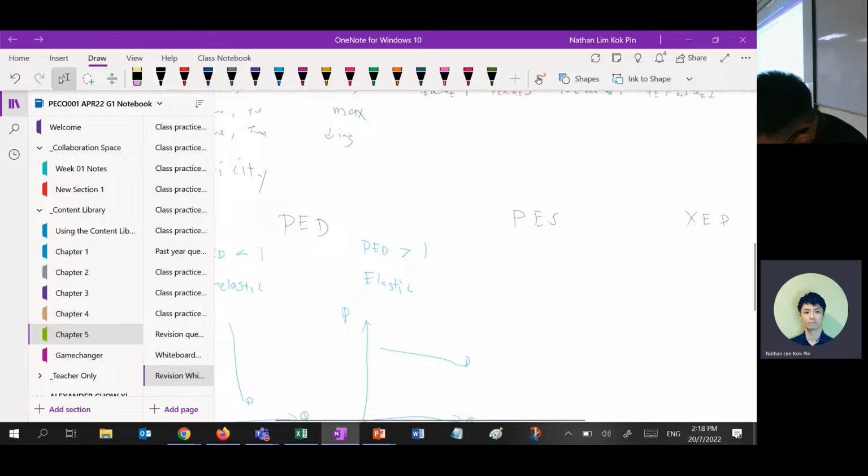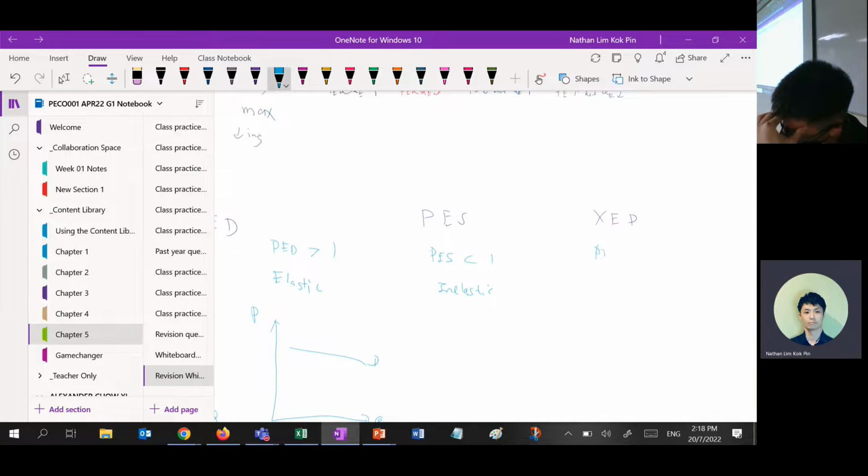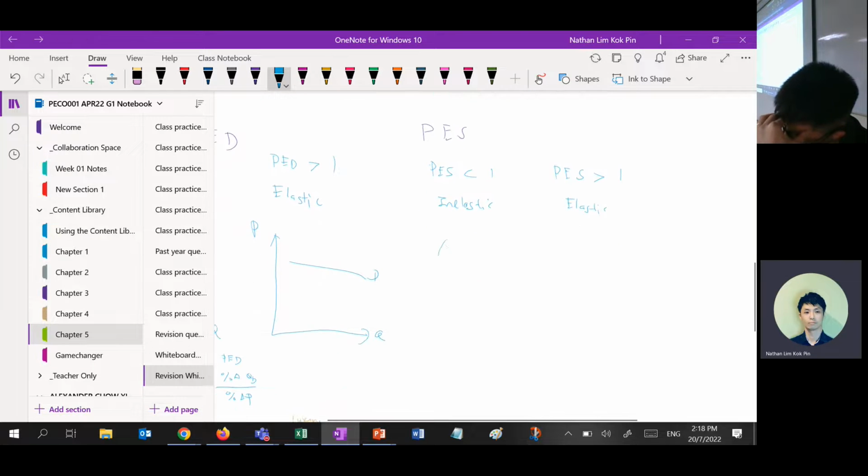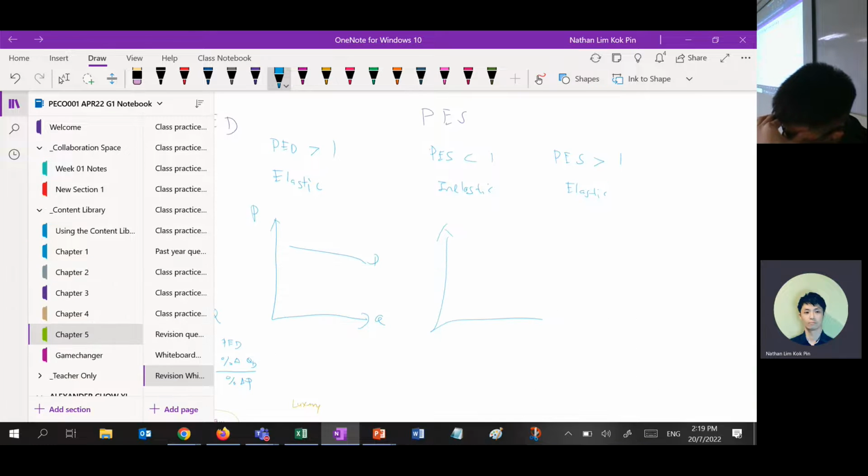For PES, PES less than 1 is inelastic. Same thing. PES greater than 1 is elastic. The diagram, supply inelastic is like that, upward sloping.